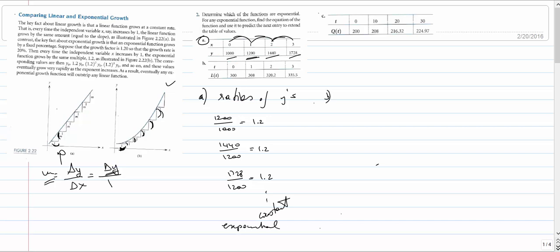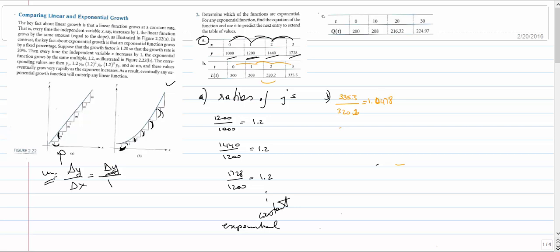Let's look at B. Let's look at the ratios. I know my x difference is also 1, but let's look at the ratios of the y values. 320.2 to 308 is... I'm sorry, 320.2 over 308 is 1.04. Then 449.8 over 320.2 is 1.40478.